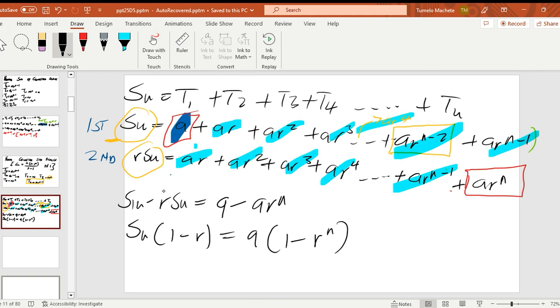Then from here, you're going to solve for Sn. In order to solve for Sn, you're going to divide both sides by 1 minus r. So your Sn will be A times 1 minus r^n, divided by 1 minus r.